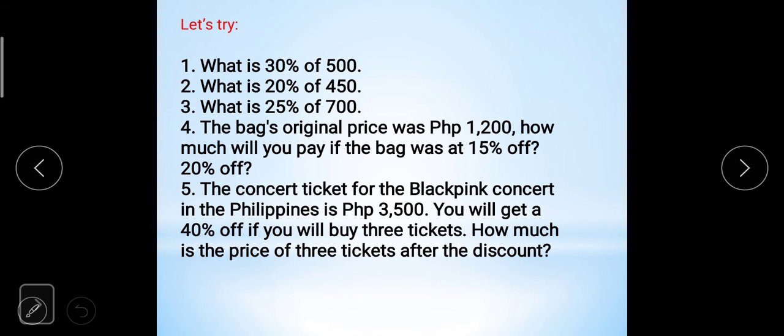So there are two that we will compute, 15% and then 20% off. The original price, 1,200, will be our B, and then our R will be 15 and 20.